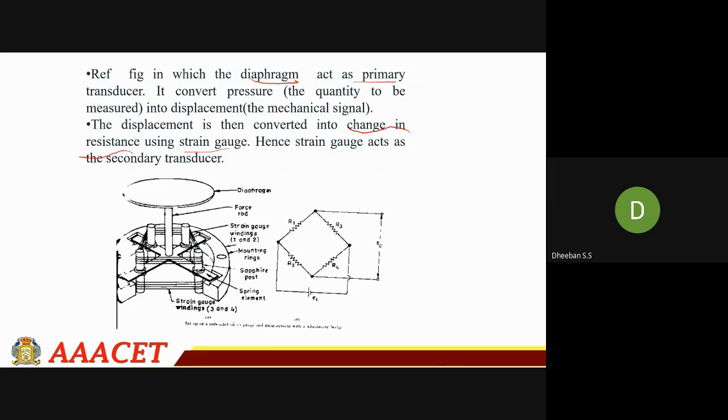So here, due to the pressure, the diaphragm is the primary transducer and the secondary corresponds to your strain gauge.